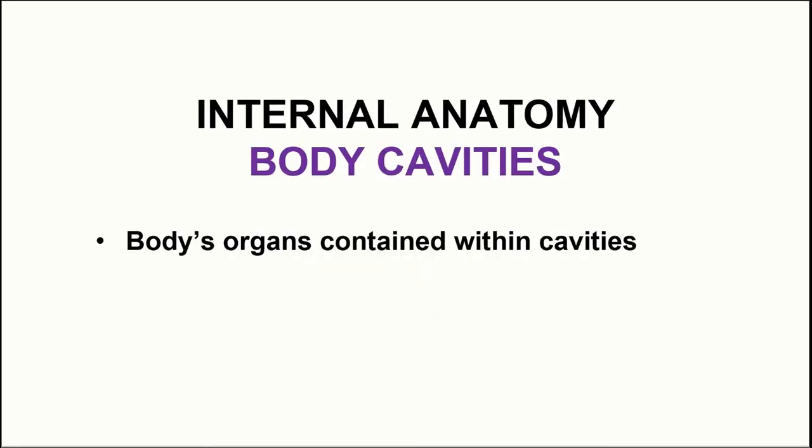Okay. So let's turn our attention to some internal anatomy. We've looked at some surface anatomy so far, and we've looked at the planes of sectioning. So let's turn our attention briefly to the internal anatomy. And to do that, we'll look at the body's cavities. We see that the body's major organs are contained within body cavities in the head, thoracic region, and the abdomen.